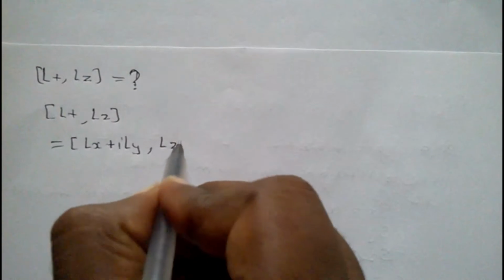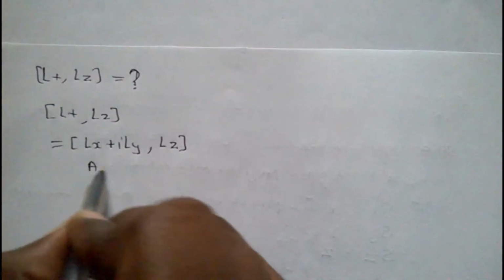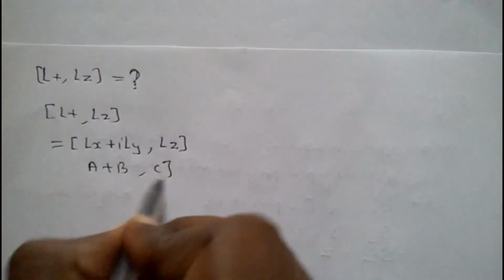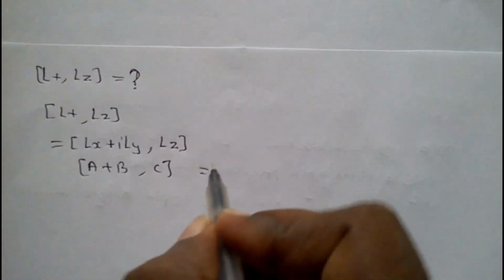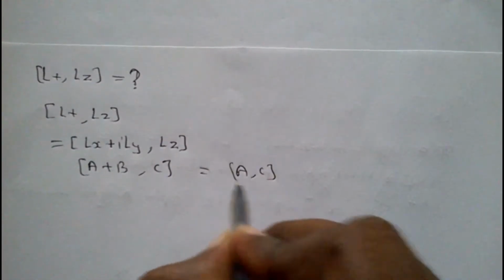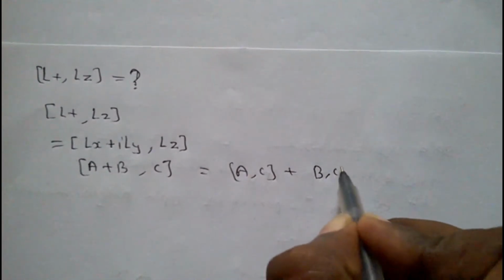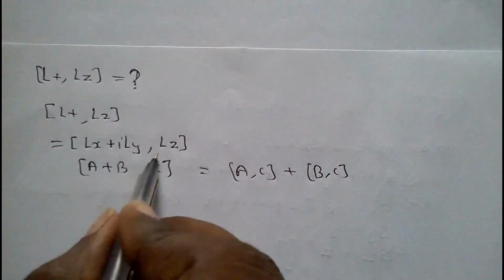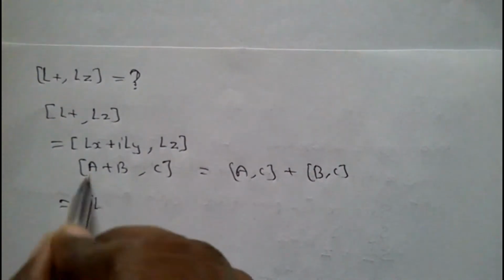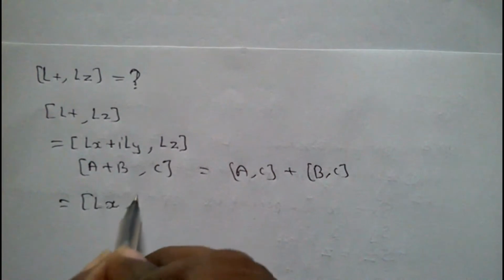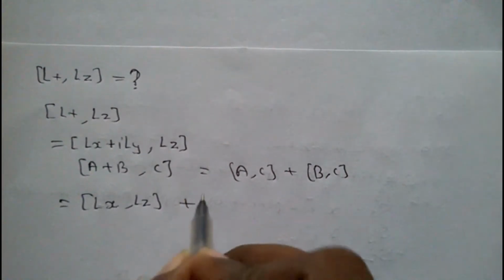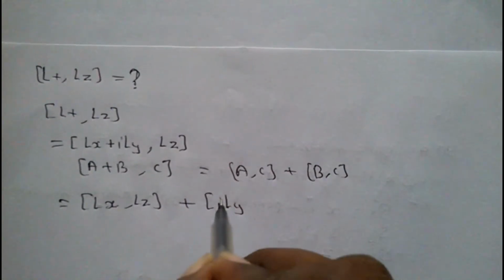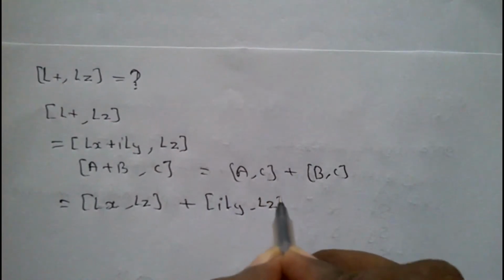Here is Lz, and we know this is (A plus B) and C. So we know AC plus BC. So we will write this like this: Lx Lz plus i Ly Lz.